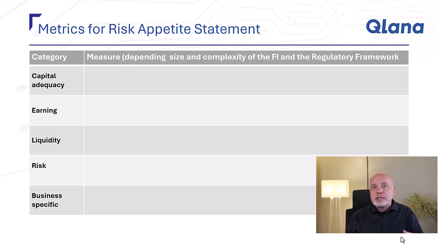The factors, as you can see on the screen, relate to capital adequacy, earnings and earnings variability, liquidity, as well as some business-specific criteria. We think that these factors will together provide a strong control of the business activities and address the key concerns of the various stakeholders, such as, for example, the capital adequacy for the regulators and the earnings variability for the shareholders.